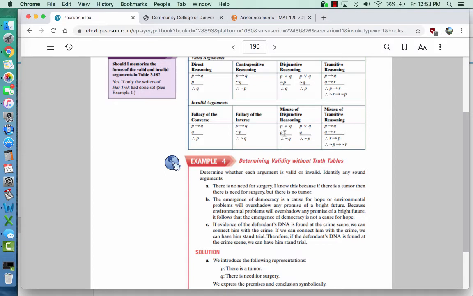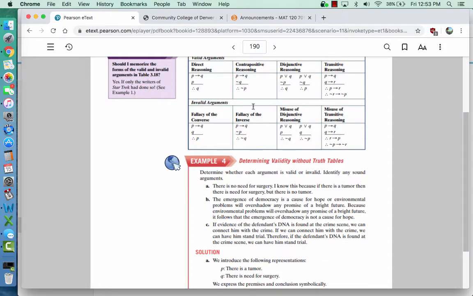So even though we know P or Q has happened, that's true, and we also know P is true, we can't necessarily conclude that Q is false or that it didn't happen. Q could be true or false, so we can't necessarily conclude either one of these. So this is basically saying if P or Q happens and you know one of them has happened, then you can't necessarily conclude that the other one didn't happen, because under disjunctive reasoning, both of them could have happened.